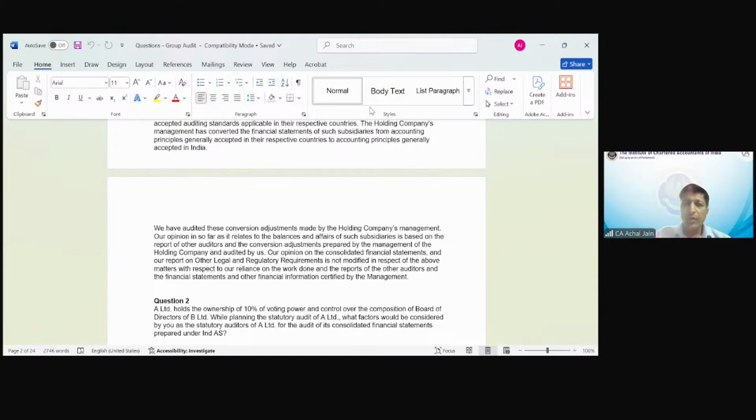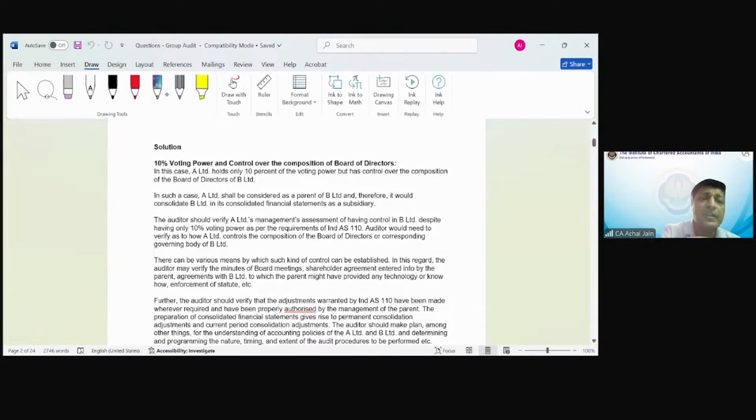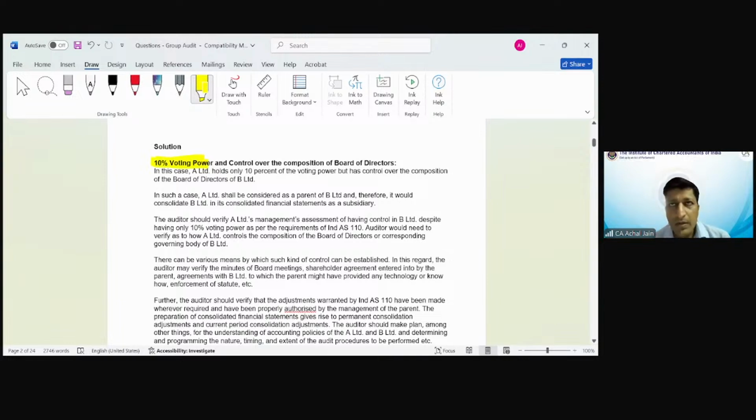Let's try to understand what will be important. This is a very specific situation wherein the control is achieved through 10% voting right, which is possible under Ind AS.